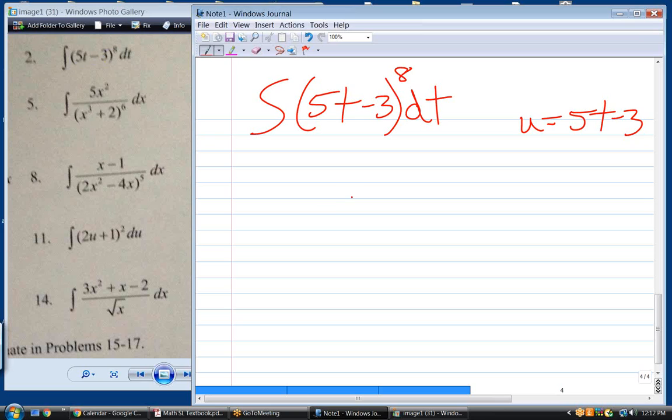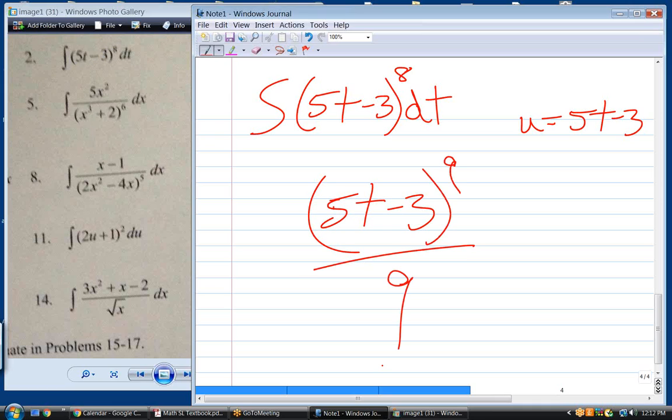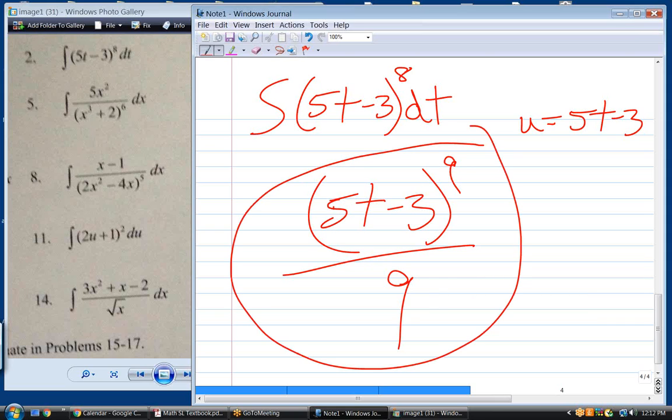Let's just talk about that for a second. Let's say I tried the reverse power rule. Now, let's take the derivative of this and see if we get the answer.